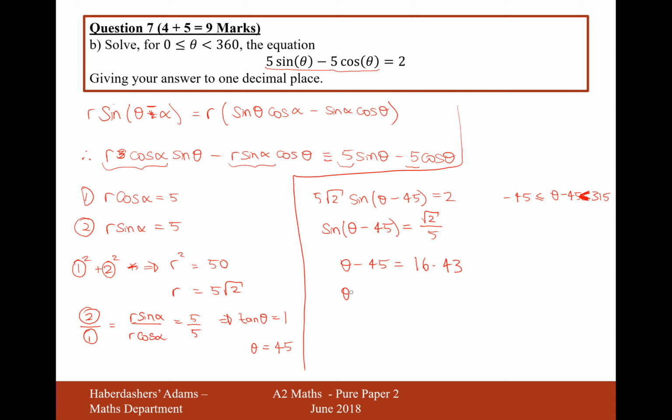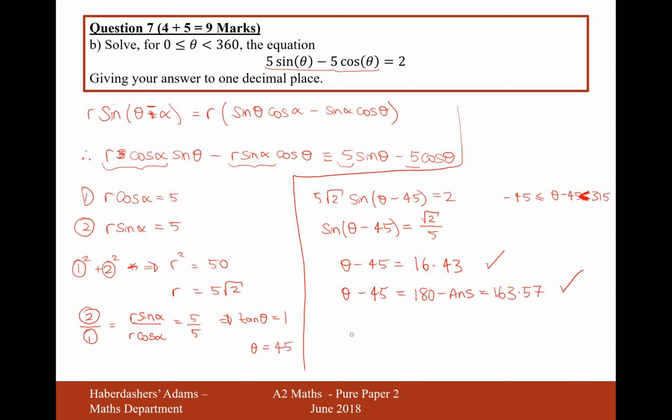This solution is in between this domain here, so that's fine. Then we need to find the second solution, which is 180 minus answer. So 180 minus 16.43 is 163.57. That's still in between the range as well. There won't be any more in between this range.